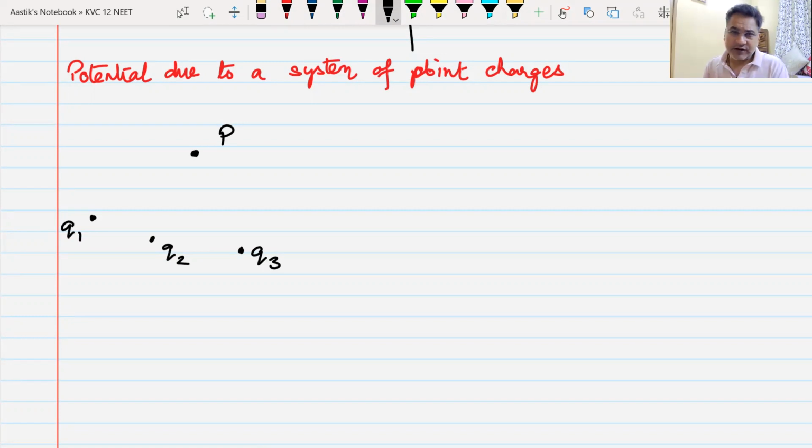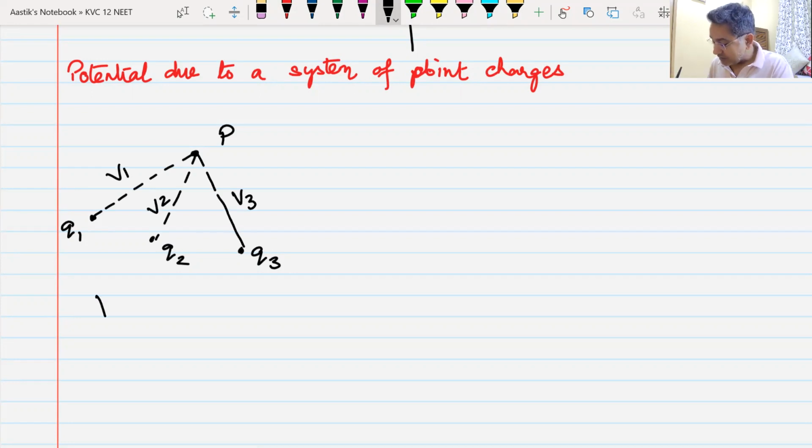We have seen how do you find out the electric field. We add them vectorially. Now, what you got to see is they are going to create their potential at point P. It will create, let us say, potential V1. This will create potential V2. This will create potential V3.